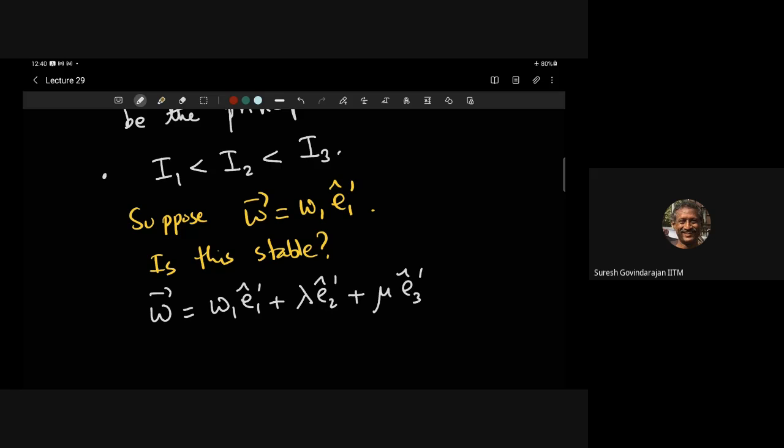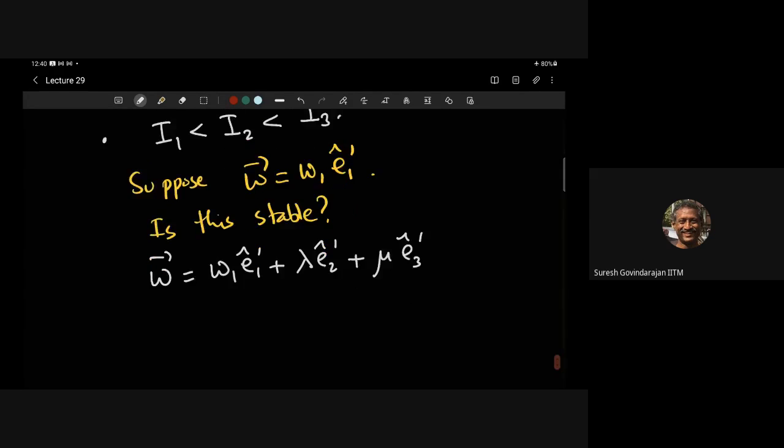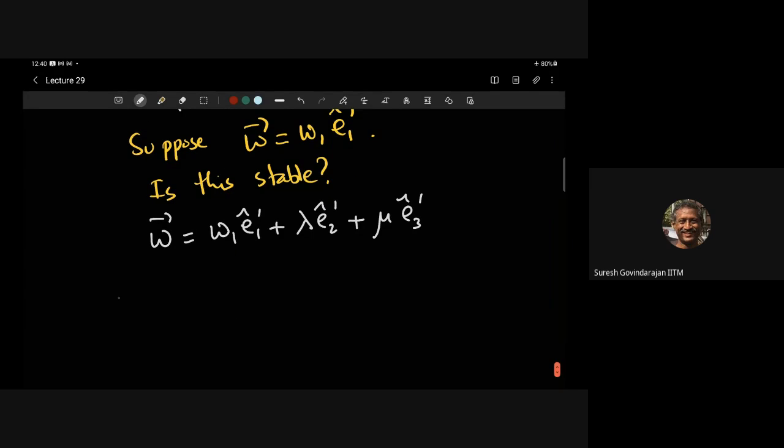The idea is that lambda and mu are small perturbations, and we ask will the motion go far away from what it was. So what is the effect of turning on the lambda and mu perturbation?